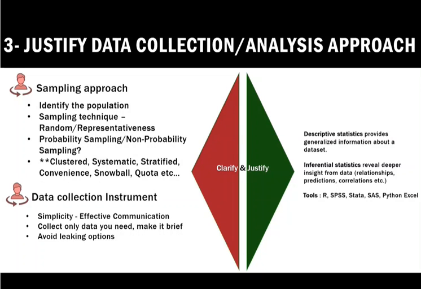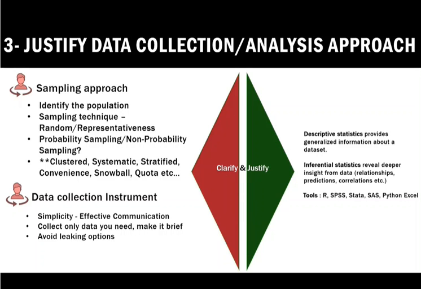I mean, so when we talk about quantitative analysis, they are broadly categorized into two: the descriptive statistics and then the inferential statistics. Descriptive is just providing generalized information about the data set. And I must say that for every type of quantitative analysis, you actually need to do some form of descriptive analysis, okay, because that gives you an idea of what that data looks like.